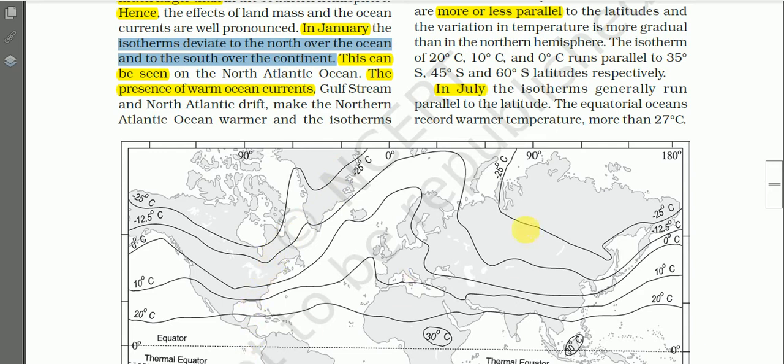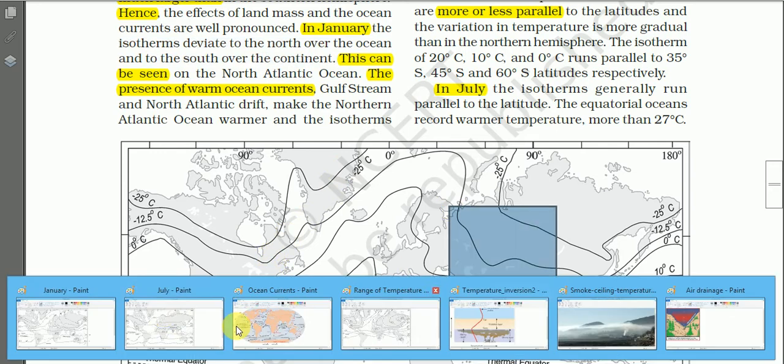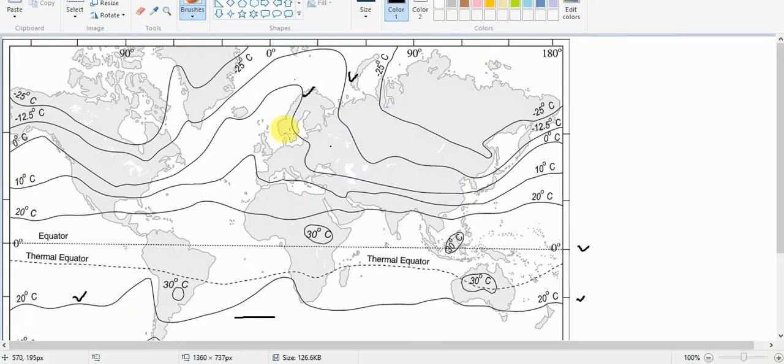Just see here, this is the map, and see here isotherms are deviated more over the ocean. This is the Atlantic Ocean. See, it is bending towards the north. Over the continent, it is bending towards the south. It is bending towards the north over the oceans here, and towards the south over the continents.